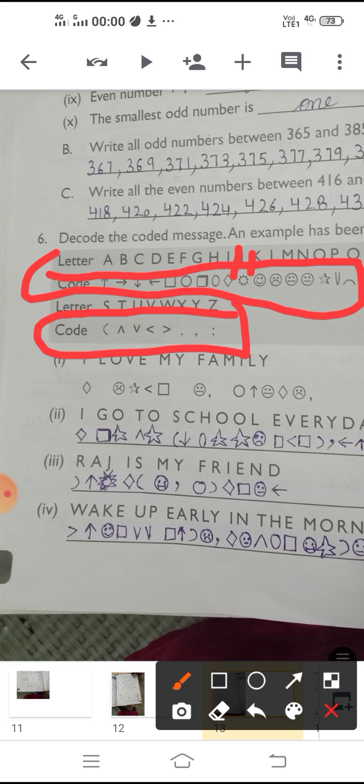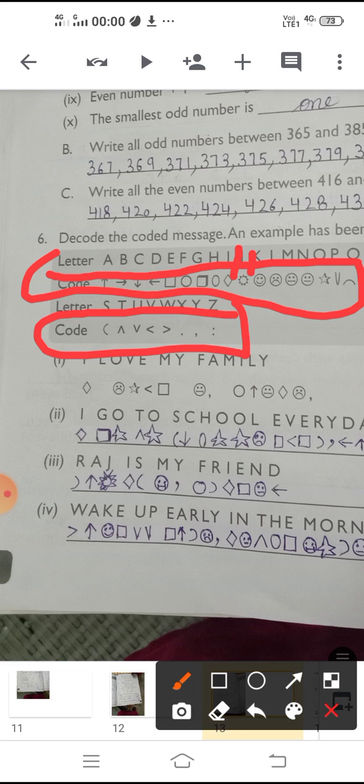T they are using up arrow. O again star. S they are using side arrow. C they are using down arrow. H they are using semicircle. For O they are using a star with one side colored, half of the portion of the star is colored.